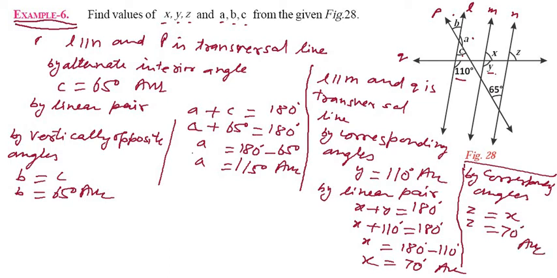The value of A is 115 degrees, value of B is 65 degrees, value of C is 65 degrees, value of X, this is your X, is 70 degrees, value of Y is 110, and value of Z is 70 degrees. So you have to write in your copy very well.